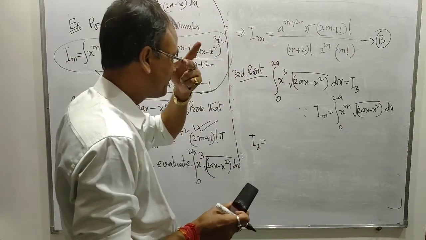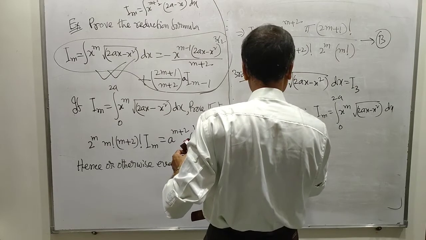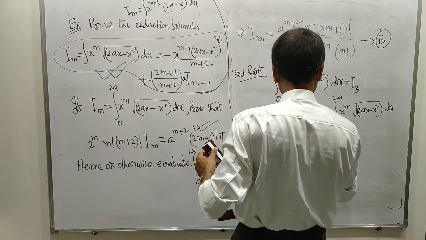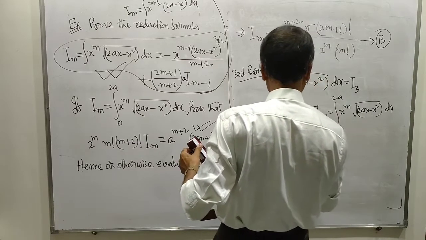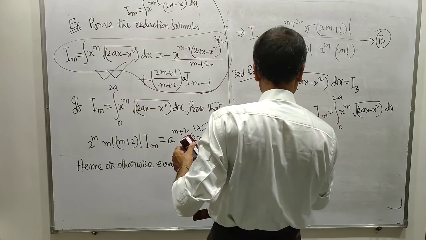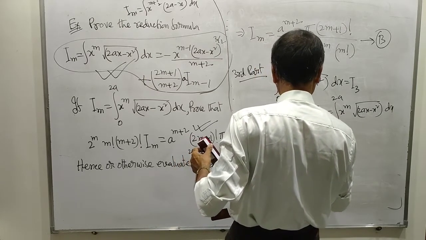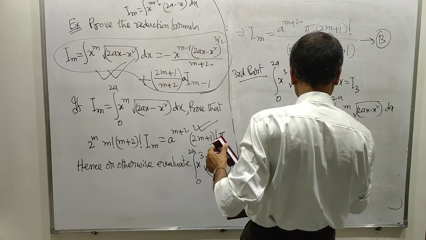Thus applying, a to the power 3 plus 2, pi, 2 into 3 plus 1 factorial, divided by 3 plus 2 factorial, 2 to the power 3 into factorial 3.